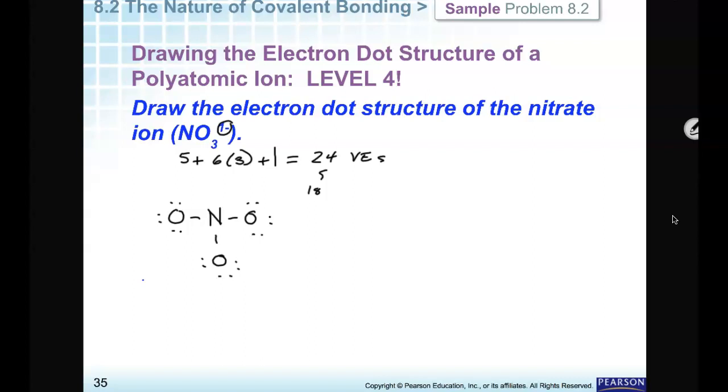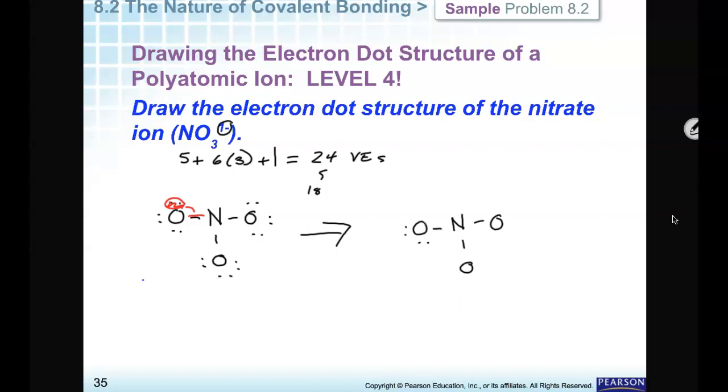However, nitrogen's feeling kind of lonely, a little bit hungry yet for pairs of electrons because it only has 6. So as usual, we're going to steal from the rich to give to the poor. And we make that double bond. Now everybody's content. So for our final format, we'll write N in the center.